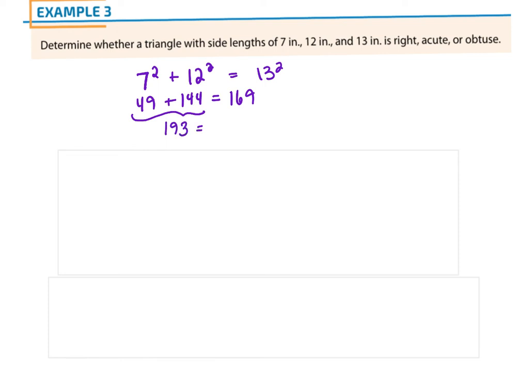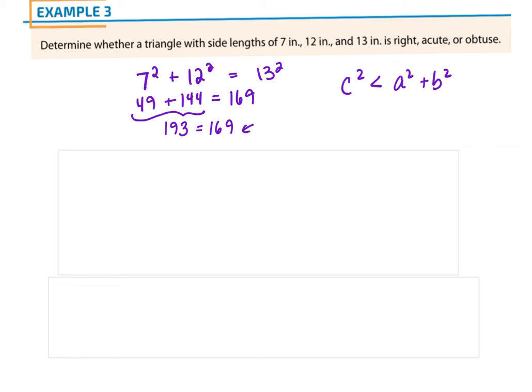And this guy is 169. That is not equal, all right? That is not equal, which means that these 2 sides are actually bigger than this. So that means the c squared is smaller. That was my c squared. Than the a squared plus the b squared. All right, my c squared is smaller.